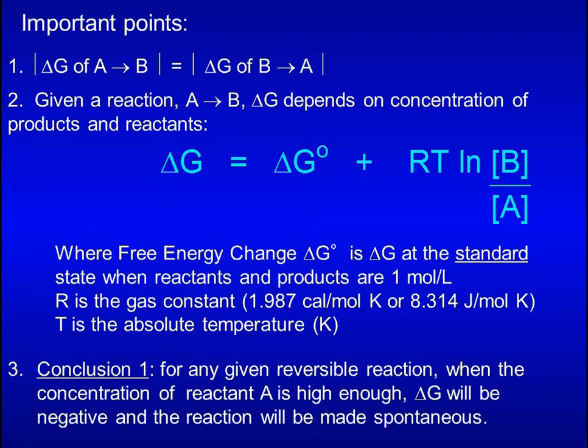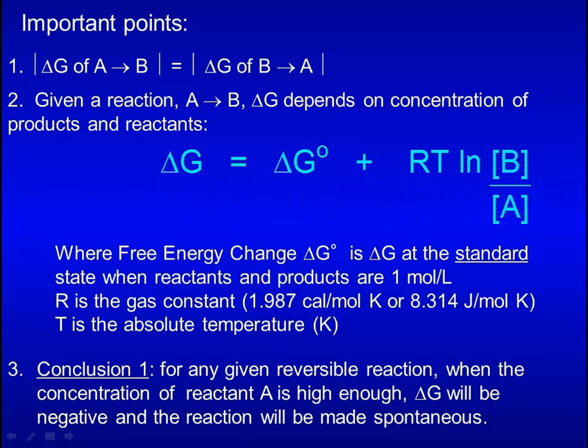Delta G can be determined by the following equation. Delta G equals delta G0 plus R times T times natural logarithm of B concentration divided by A concentration.